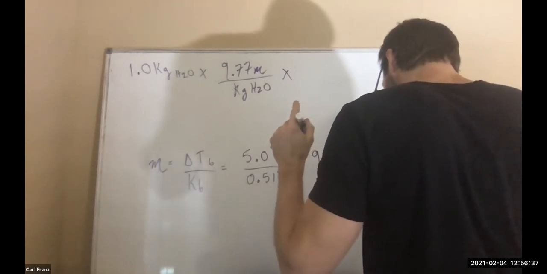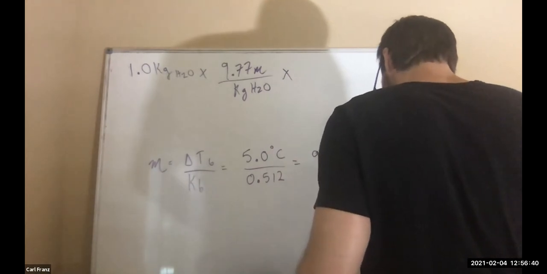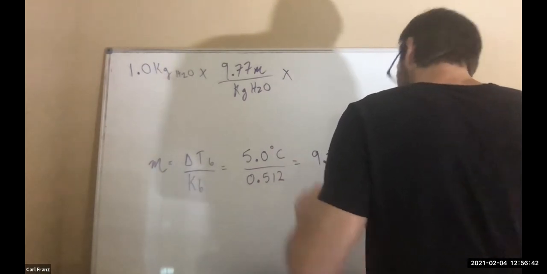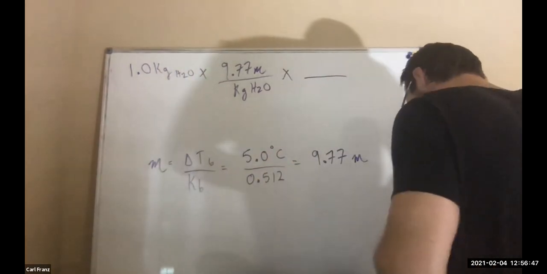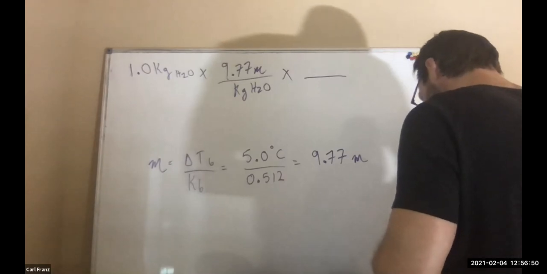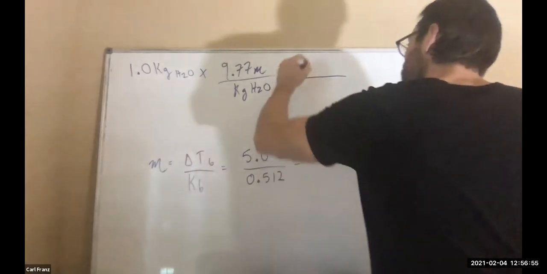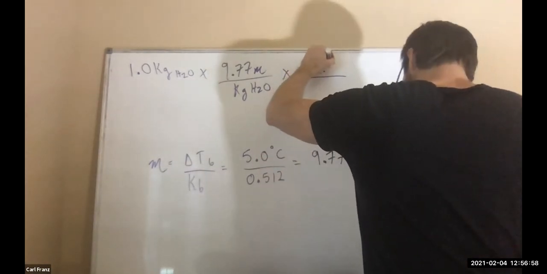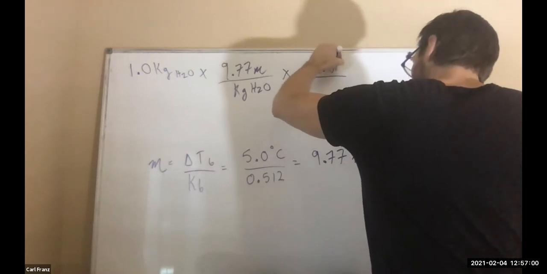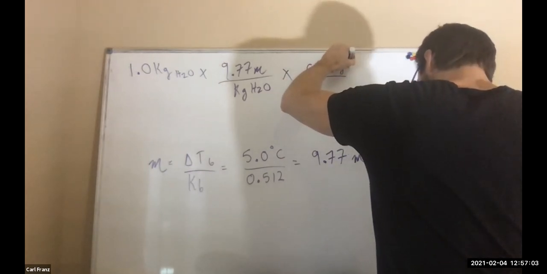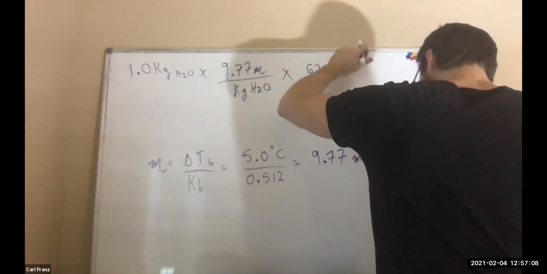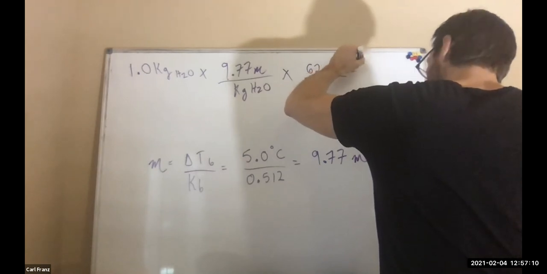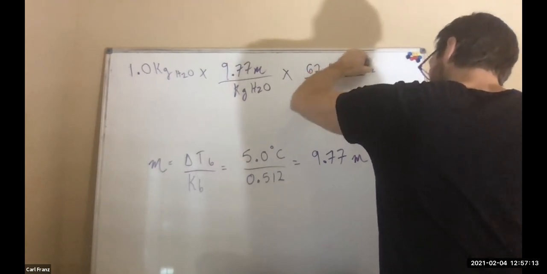We're looking at ethylene glycol, so if we look up the molecular weight, it's 62.07 grams of ethylene glycol, C2H6O2, per 1 mole.